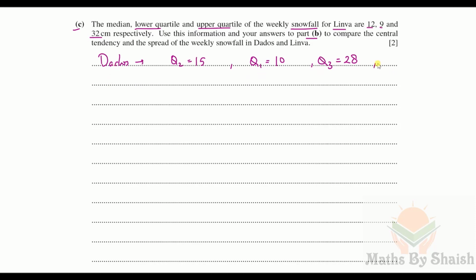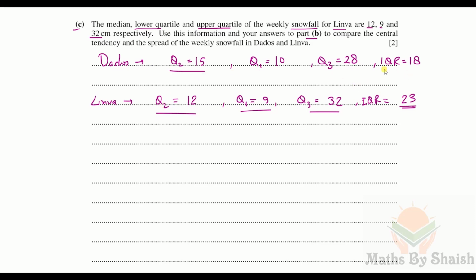We'll write IQR was 18, and for Linwa this Q2 median is given as 12, Q1 lower quartile is 9, and Q3 is upper quartile, that is 32, and hence IQR would be upper quartile minus lower quartile. 32 minus 9 is 23. So we will compare with the help of median and interquartile range.